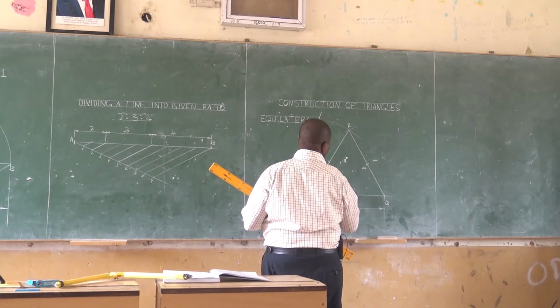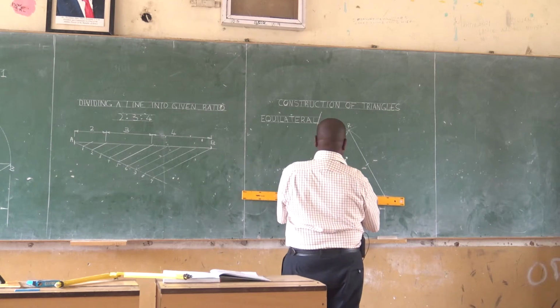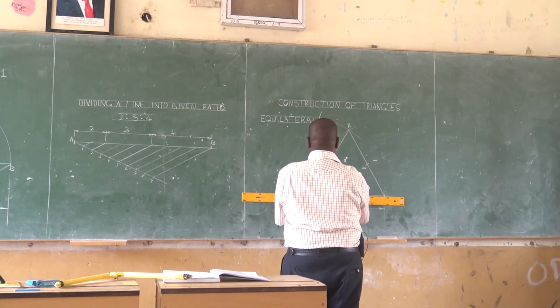We mark that by showing just a small mark there to indicate that the 3 sides are equal.